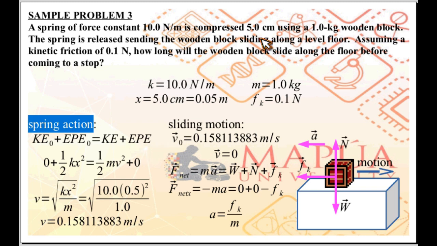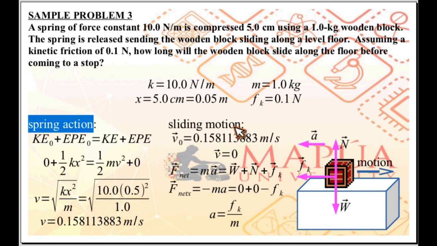Since we're talking about a level floor, we can safely assume that the spring action is also done on the horizontal axis. So, initial gravitational potential energy is just equal to final gravitational potential energy.